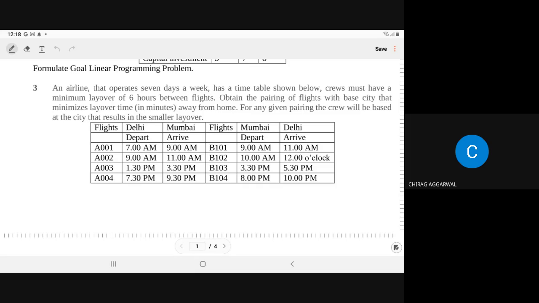So you have to decide with which flight they have to come back. That is the problem.